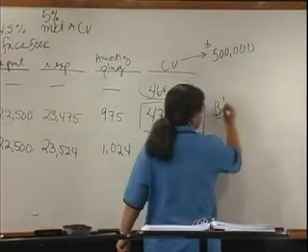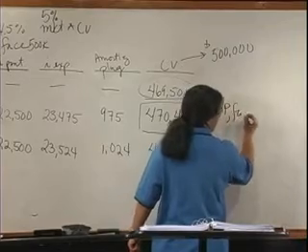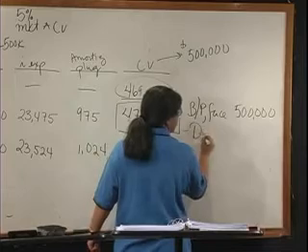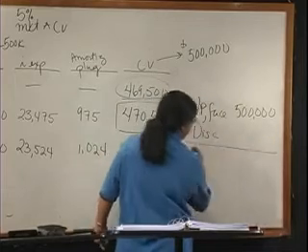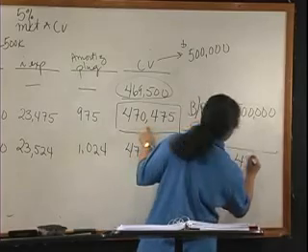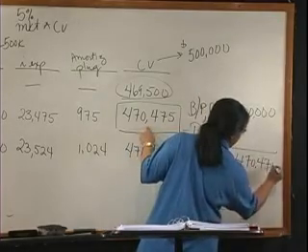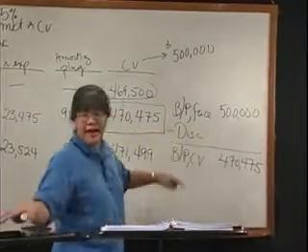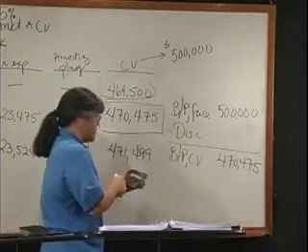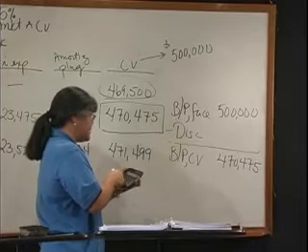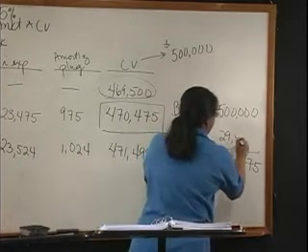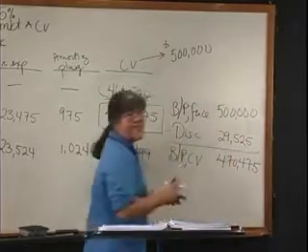It would be the bonds payable at the face amount, which is $500,000, minus the ending balance in the discount account, will give you the bonds payable at its carrying value, which is the $470,475. Now, what is the ending balance in the unamortized discount? Well, it's just going to be the mathematical difference between these two. 500,000 minus 470,475 is going to give me $29,525.